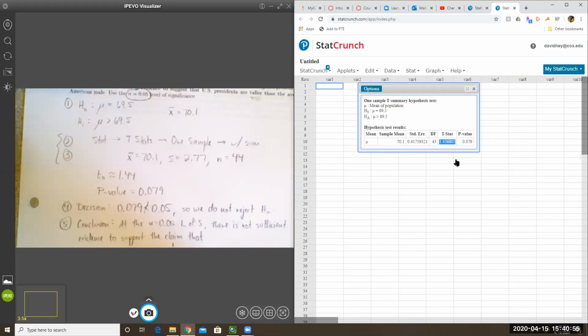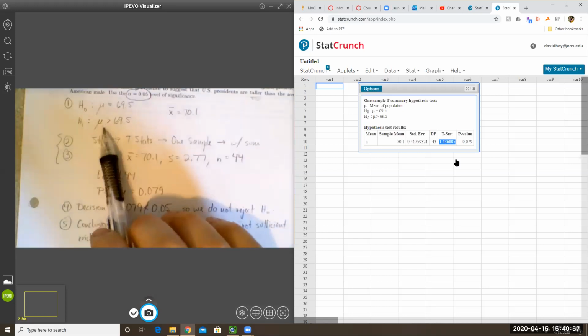So there's not enough evidence to support the claim that the US presidents are taller than the average American male.